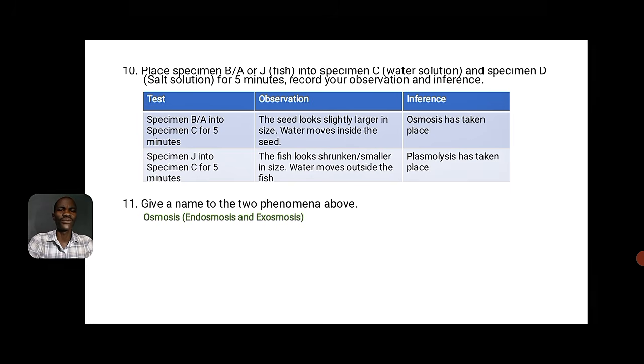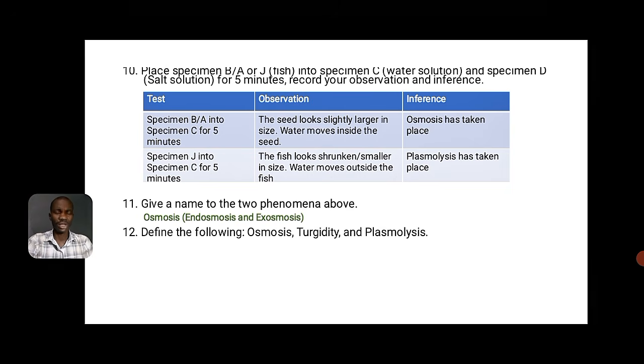When water moves from the environment into a cell, we say that is endosmosis, and an example of that is turgidity. Turgidity is a specialized form of osmosis, while exosmosis is when water moves out of a cell into the environment. So the answer there is osmosis.